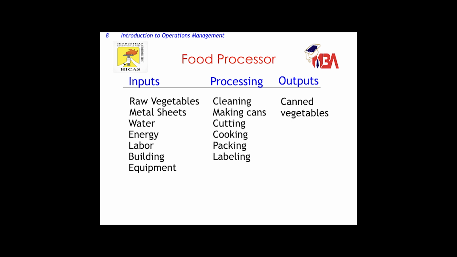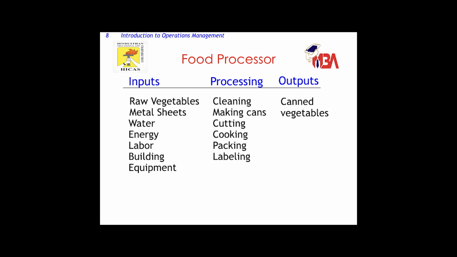If you look at food processing, where we try to manufacture canned vegetables, which is the output, the inputs for this are raw vegetables, metal sheets, water, energy, labor, building, equipment. With all these resources, we are going to produce canned vegetables.